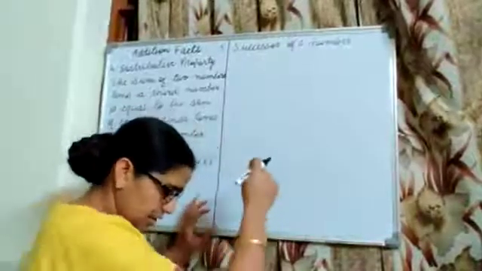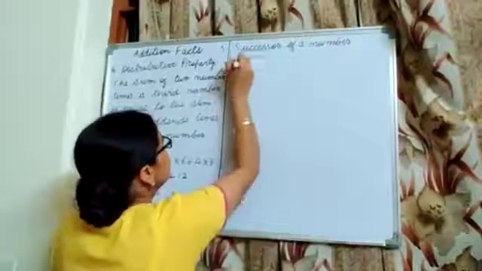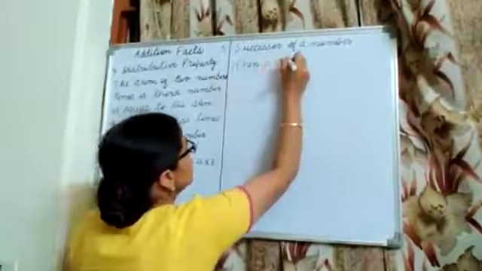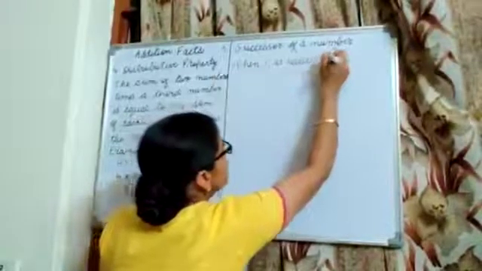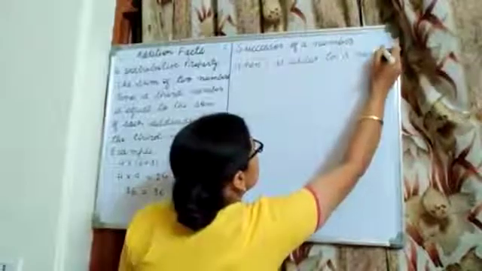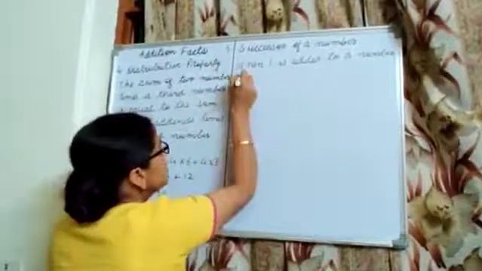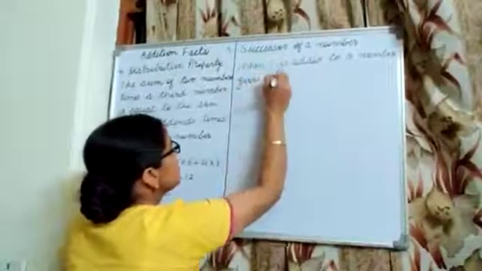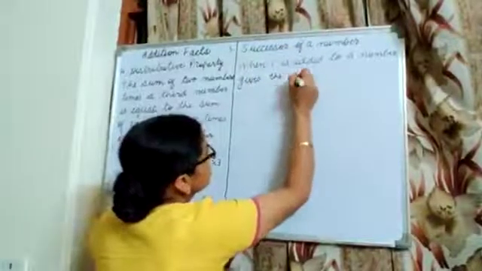When 1 is added to a number, it gives the successor of that number.